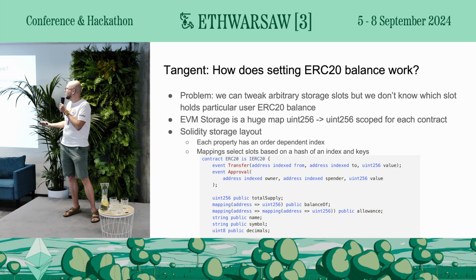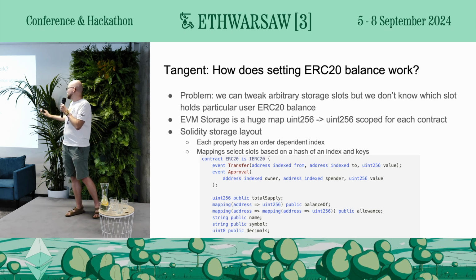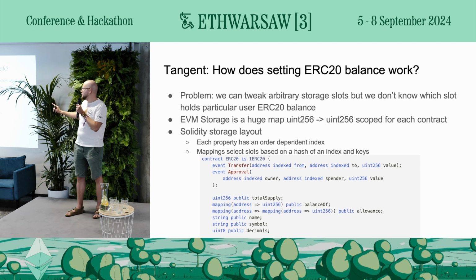a Solidity contract, Solidity follows the rule that every single property in your smart contract has an index. So, for example, here. Does it work? No. Okay, I'm not going to try to use the pointer here. But basically, at the bottom of the screen, you see total supply, which is the first property in this contract, so it has index 0.